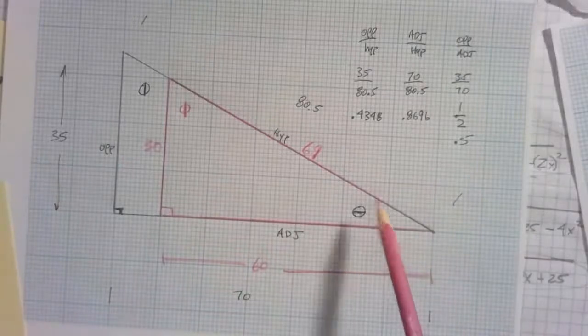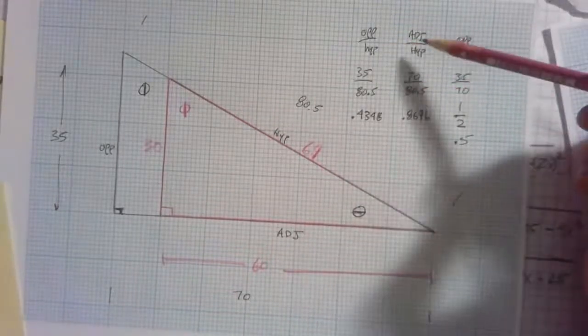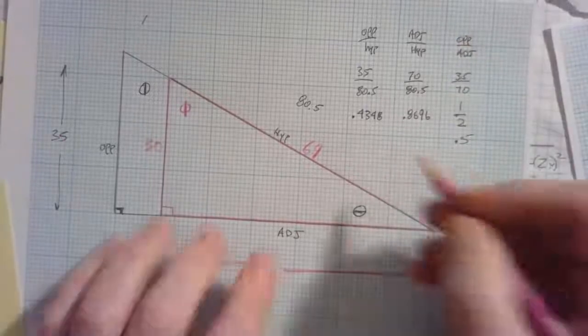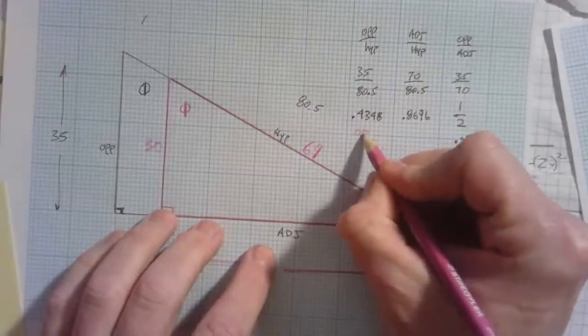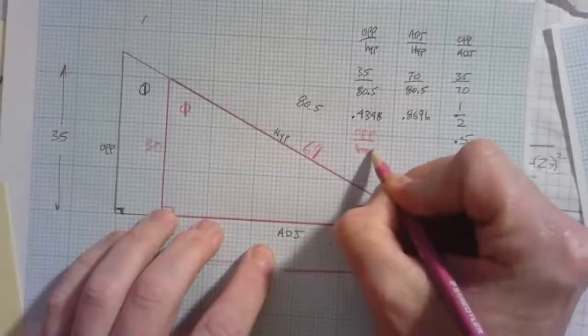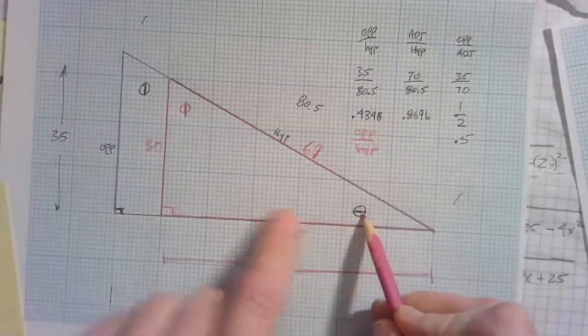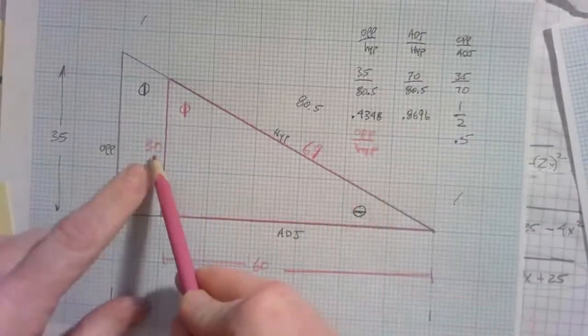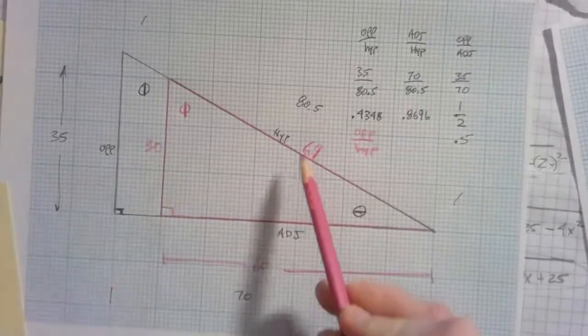Well, what I want to look at is what if we do this same set of combinations? What if we find the opposite over the hypotenuse for this new pink triangle? What if I do 30 divided by 69?